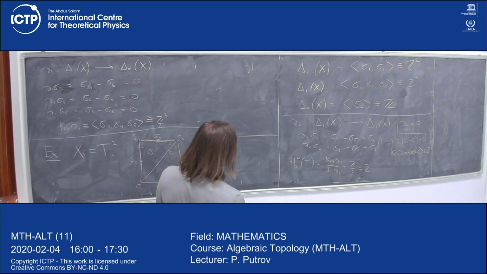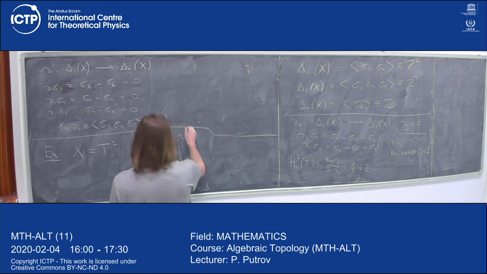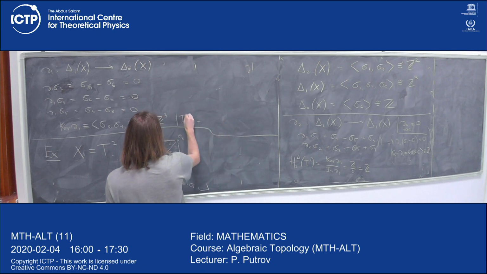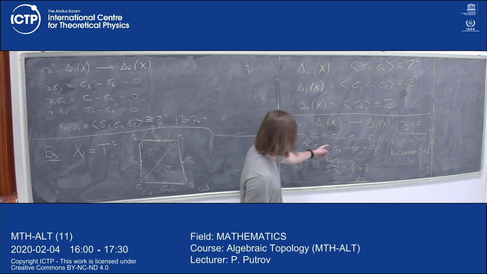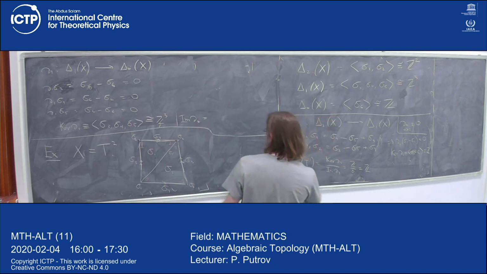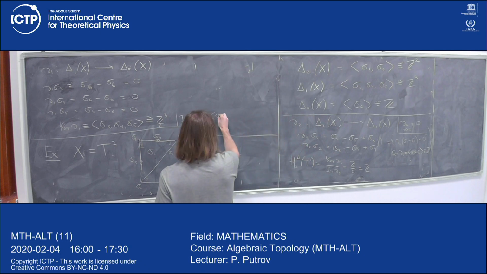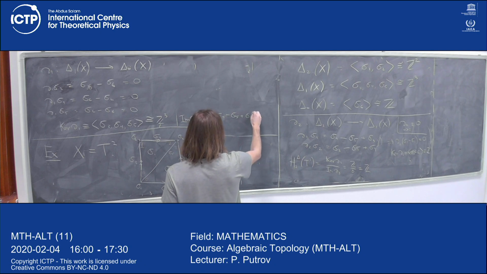We also know the image of D2, which is just an Abelian group with a single generator, like this.